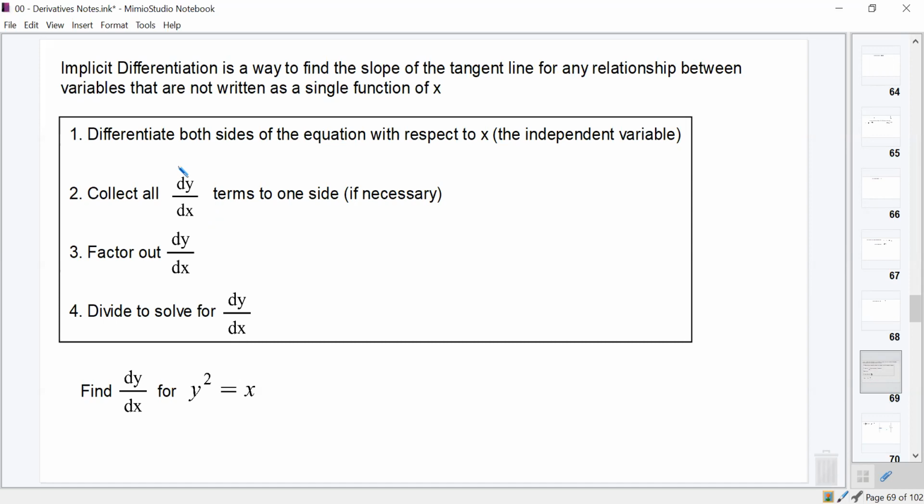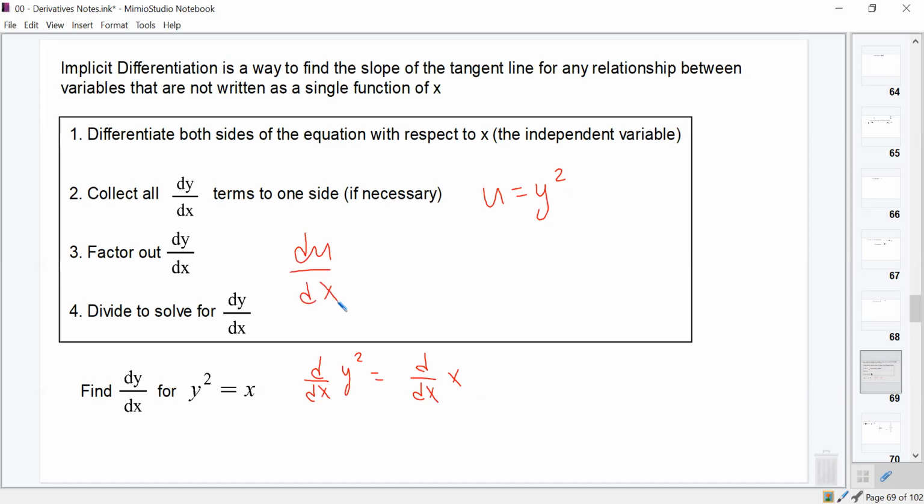So let's see why we get this dy dx term. Because if we're going to try to take the derivative of y squared on the left-hand side here, that's like saying, let's let u equal y squared, and we're looking for du dx.